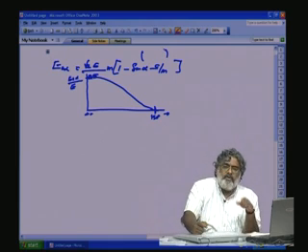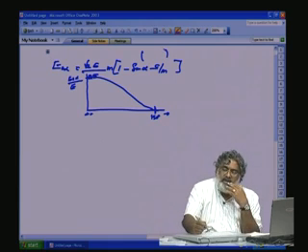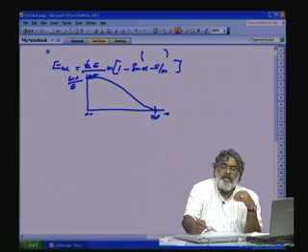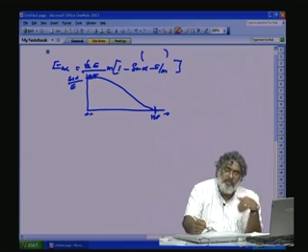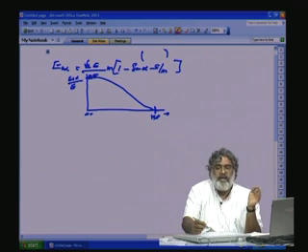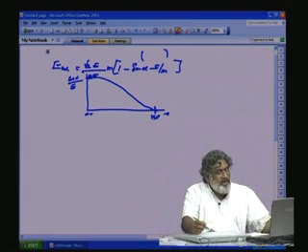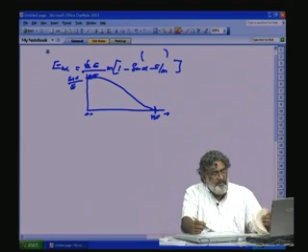Now, we have studied the 3-phase midpoint configuration. Now, again for high power applications, to increase the output DC voltage and also to reduce the ripple content, we have to go for the 3-phase fully controlled converter.